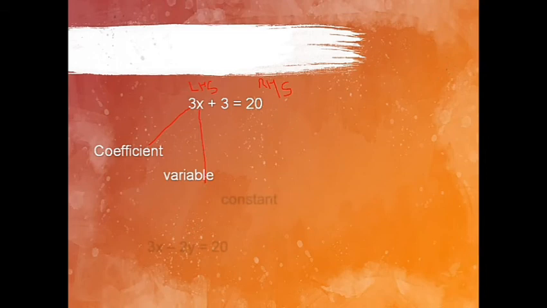So this x is called a variable, and this is the sign of plus. Then what is the 3 here? 3 is given as a single number, without a variable, so we call it a constant. When only a single number is given without a variable, that number is called a constant. And here 20 is also a constant.